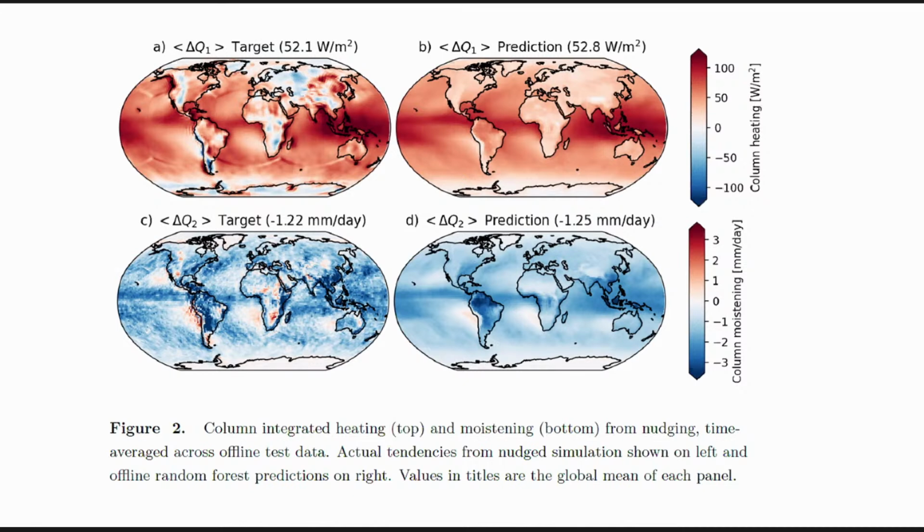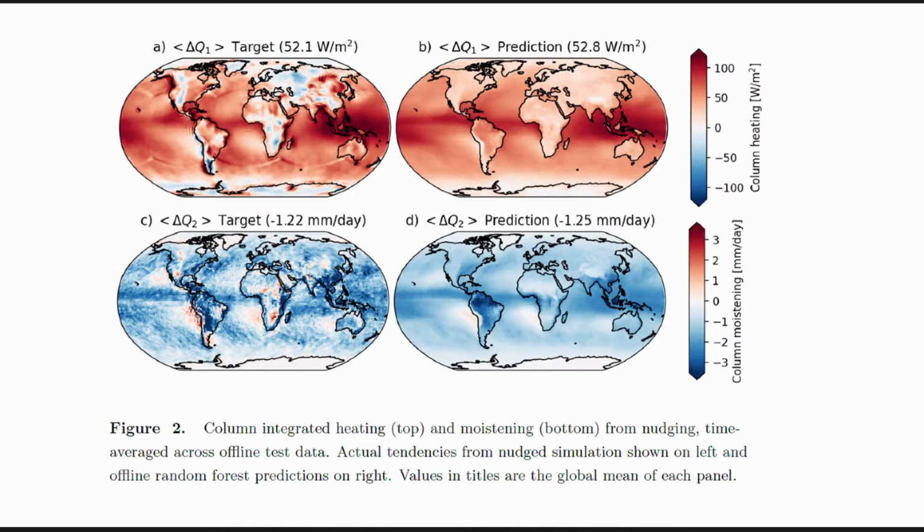And it does a pretty good job. Overall, it's heating as it should be. Overall, it's heating sort of in the right places. You can see where the nudge simulation gets hotter, so does the machine learning nudge simulation. It doesn't capture all the fine local features, but it does a pretty decent job.